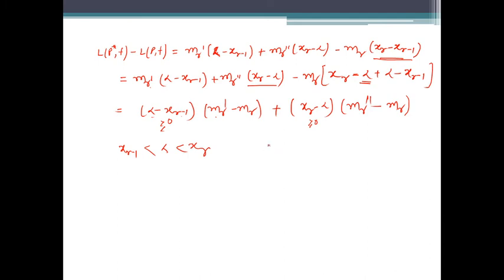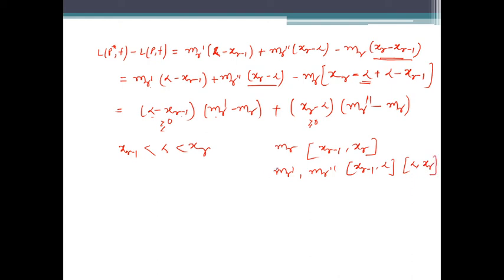Now small m r is the infimum value in the subinterval x r minus 1 to x r, and small m r dash and small m r double dash are the infimum values of the two subintervals respectively.